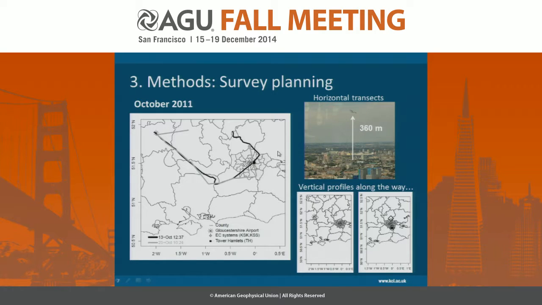Those transects were carried out at 360 meters above the ground level, and complementing those horizontal transects, we carried out vertical profiles along the way. Those vertical profiles were carried out near the airport, and there we attained altitudes of about 2,500 meters. And sometimes we were granted to do vertical profiles near the boundaries of the city, but those ones were much lower, up to 800 meters.